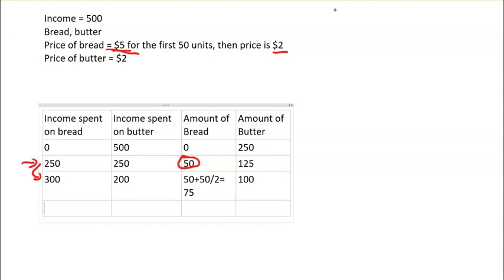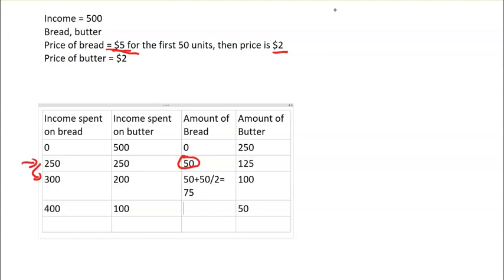Let's look at another example. Let's say we spent $400 on bread and $100 on butter. Butter is easy: 100 divided by 2 gives us 50. Now what about bread?